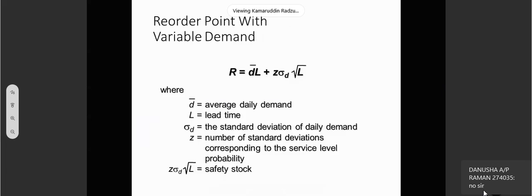So, untuk menentukan reorder point level kita, in order to determine the reorder point level with the variable demand, or with the uncertainty of demand, the formula is average demand per period multiplied with the lead time, plus the Z value multiplied with the standard deviation of demand per period and multiplied with the square root of lead time.